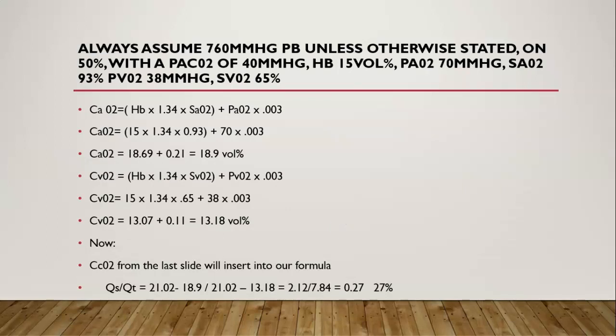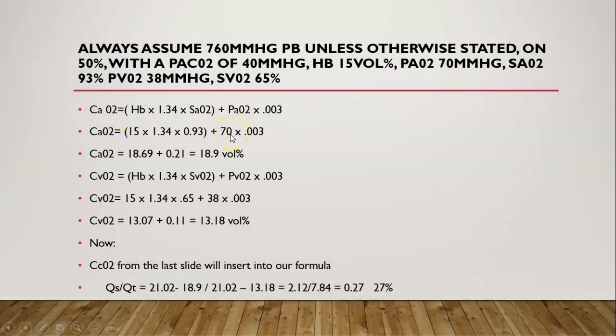So on the next one, the calculation for CaO2 gives us 15 times 1.34 times 0.93. Where did I get the 0.93? That was given. The SAT of the oxygen was 93%. Plus, what is his P little a O2? Because now we're doing the content of arterial oxygen.